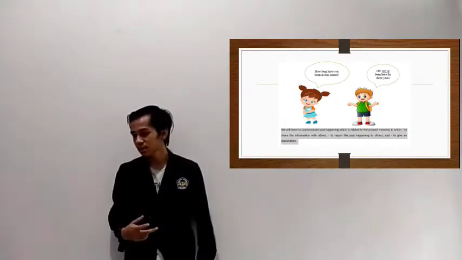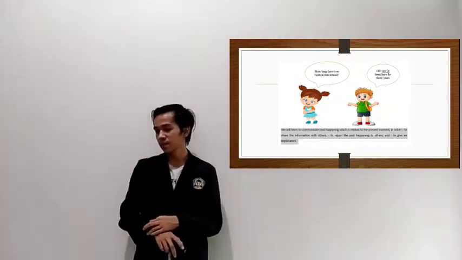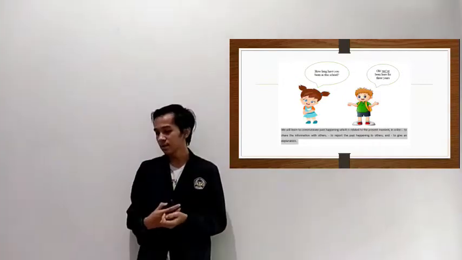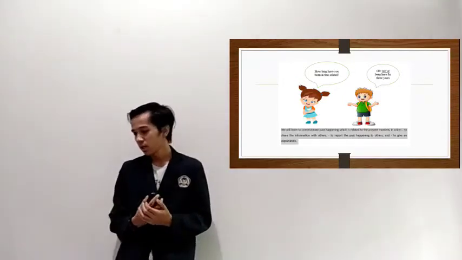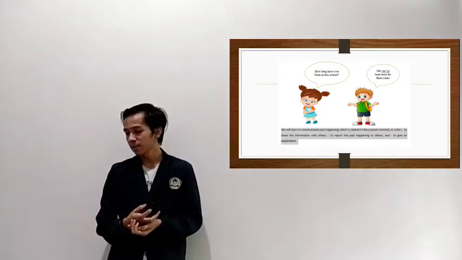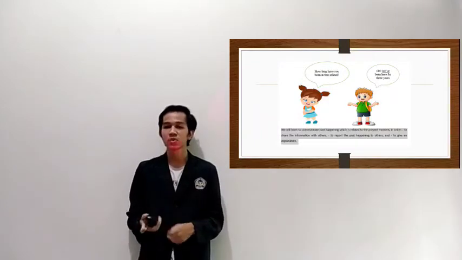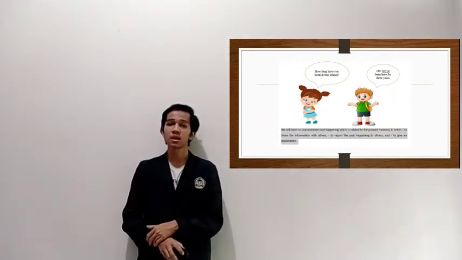In transactional text, we will learn to communicate past happenings which are related to the present moment, to share information with others, to report the past happenings to others, and to give an explanation. So that is the function of the transactional text.